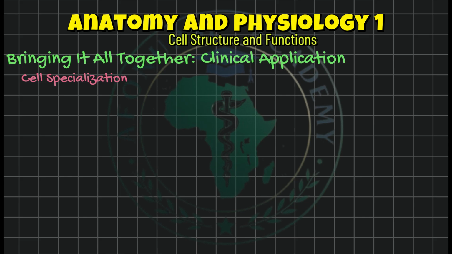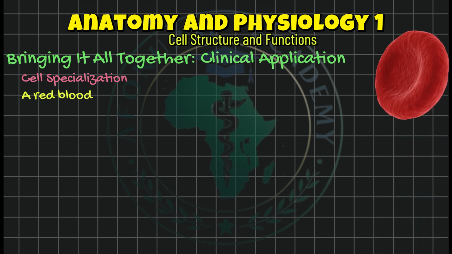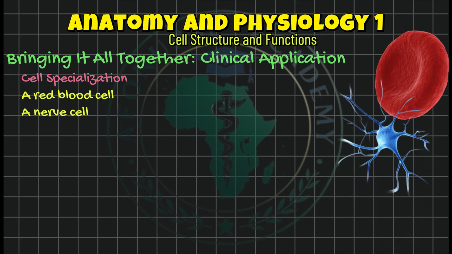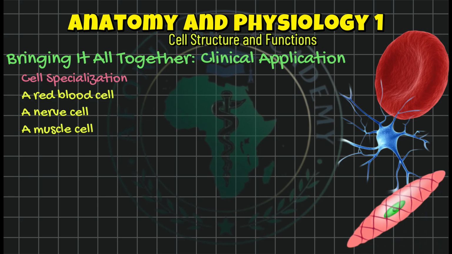Cell specialization. Now that we understand the parts of a cell, let's talk about specialization. Remember, we have trillions of cells, but they're not all the same. They specialize. A red blood cell is shaped like a disc and filled with hemoglobin to carry oxygen, but it has no nucleus. A nerve cell has long extensions to transmit electrical signals. A muscle cell is packed with contractile proteins and mitochondria for energy.